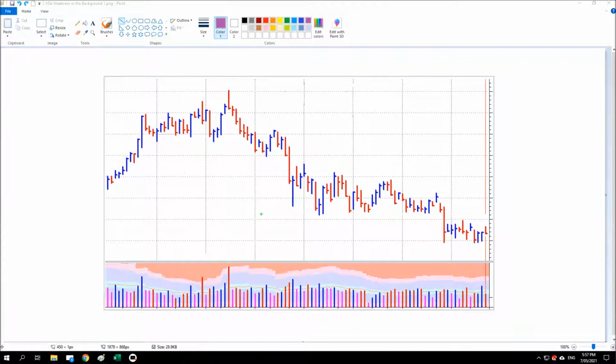Now, if we go back and look, once you get weakness in the background, and this selling is weakness in the background of the chart, and it causes a price breakdown, and the price breakdown is confirmed by the inability to regain the lost ground, and in response, price breaks down to a new level, this weakness in the background will have an ongoing influence to the trading on the chart.